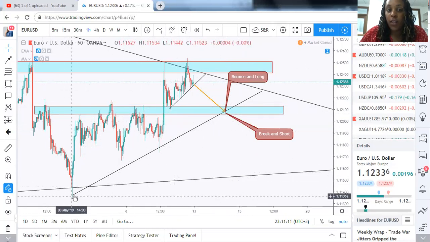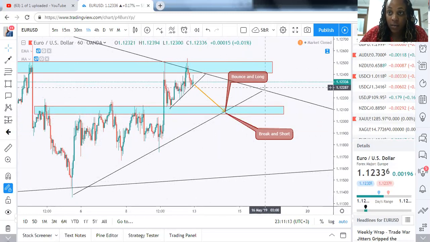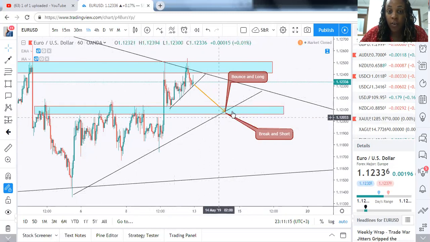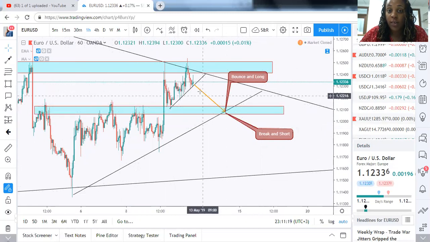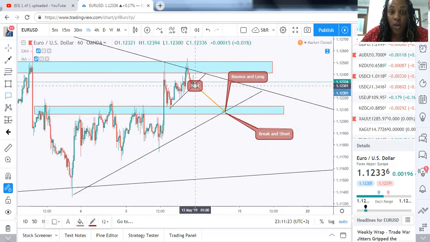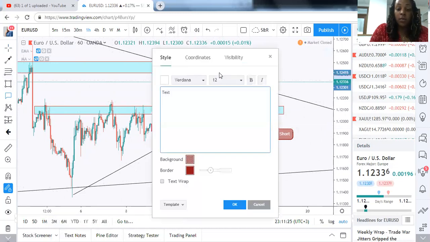Which would then fall in line with our trend line here that we would have identified. So if you want to catch this short term, you want to wait for price to break the trend line, right, before you sell.